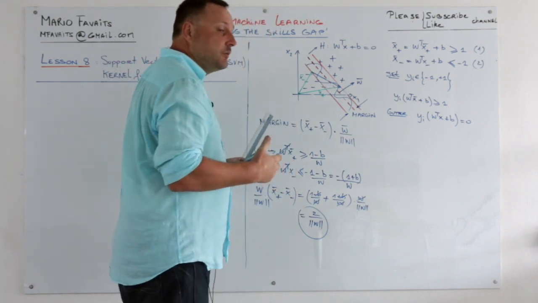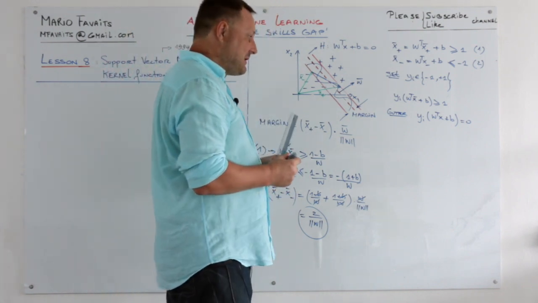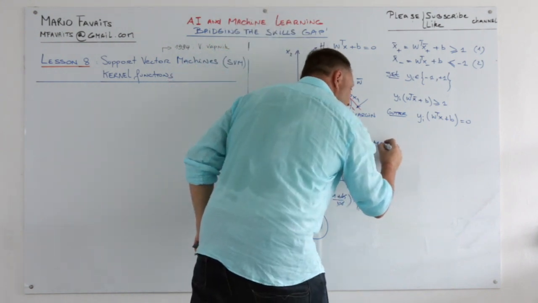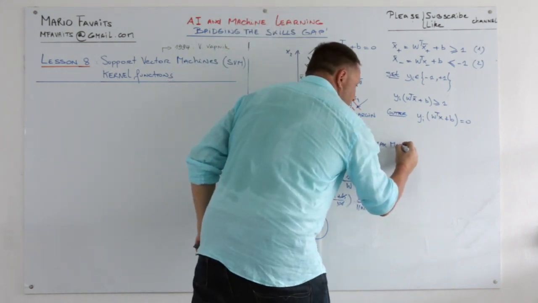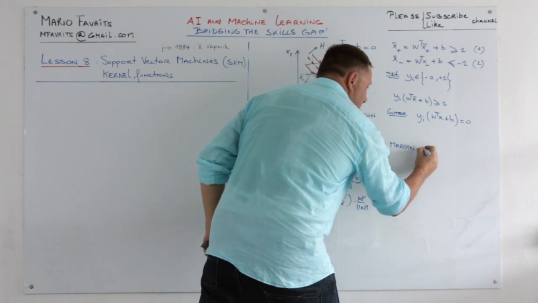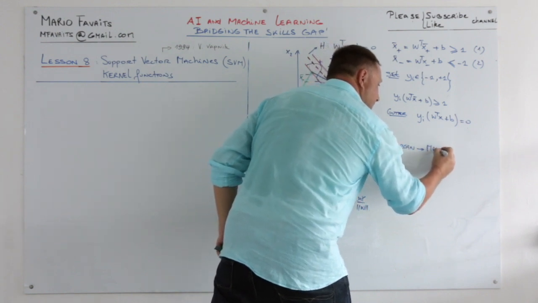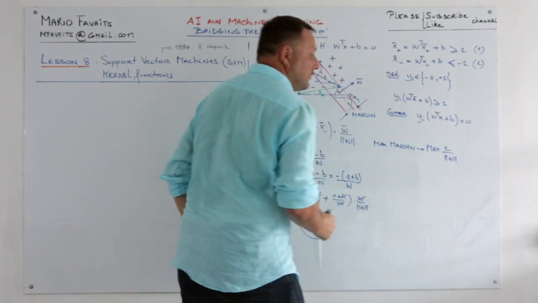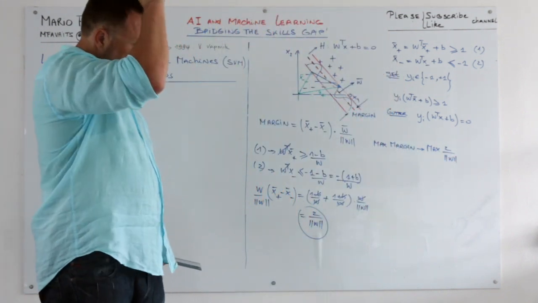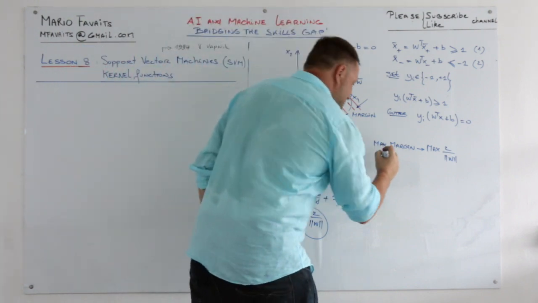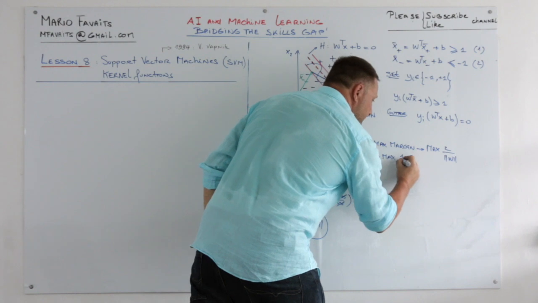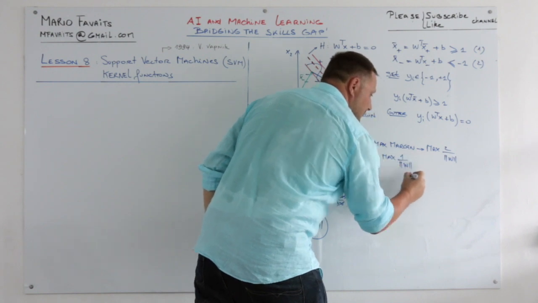So what we want to do with the margin, we want to maximize the margin, meaning we want to maximize 2 divided by the norm of w. But that's the same thing as saying I want to maximize 1 divided by the norm of w.